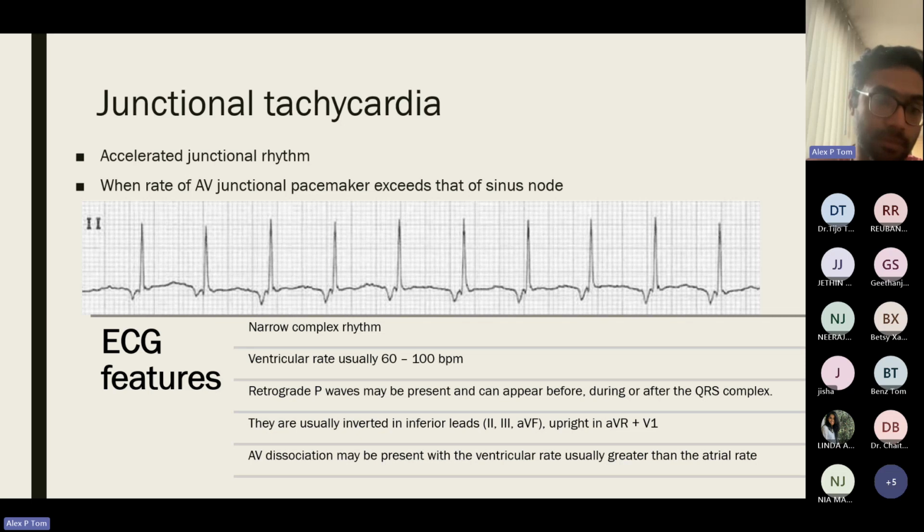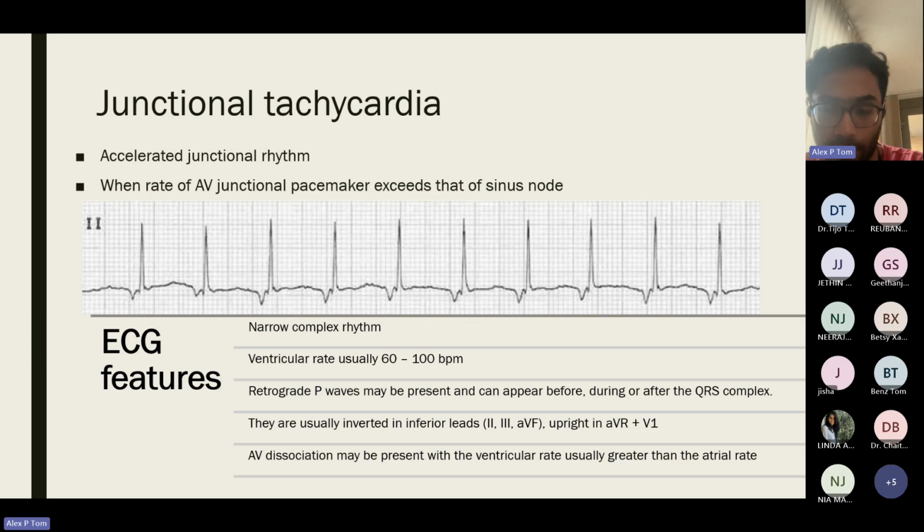You might see abnormal retrograde P waves because the impulse is traveling back from the junction into the atria, so you'll see inverted retrograde P waves. This is an example of junctional tachycardia.